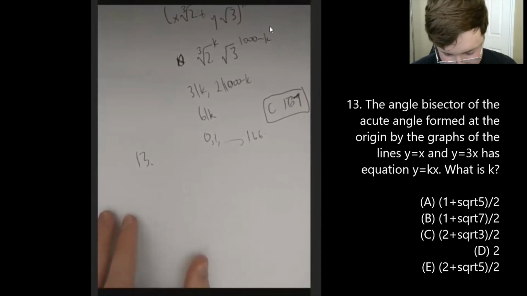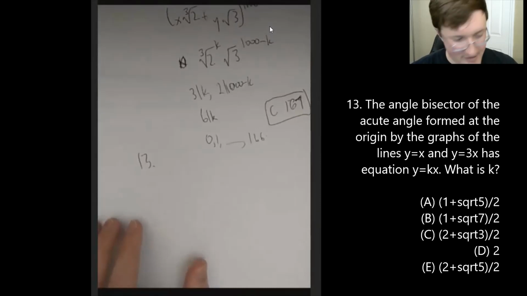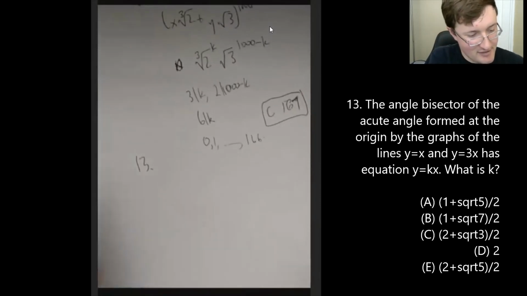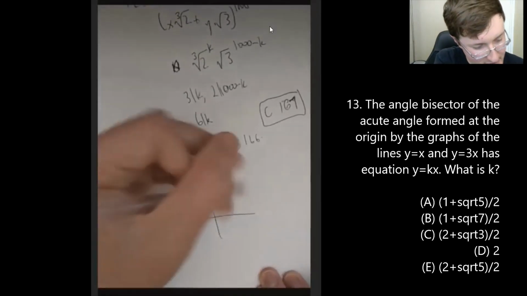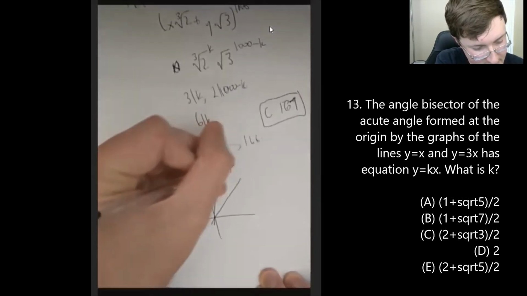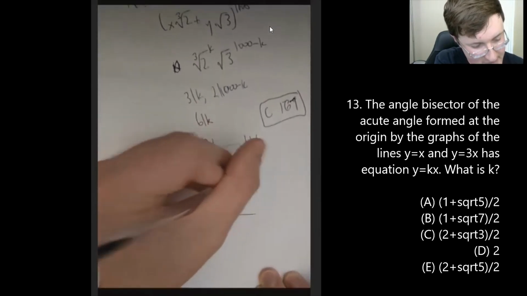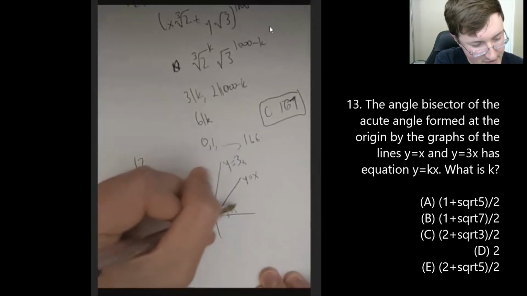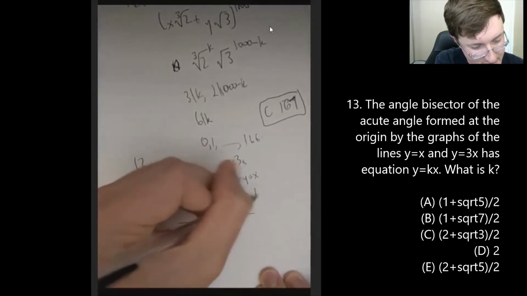The angle bisector of the acute angle formed at the origin by the graphs of y equals 3x and y equals x has the equation y equals kx. This sounds like some trig. Okay, so I've got y equals 3x and y equals x. Okay, so this angle is 45 degrees and this angle is arctan 3.